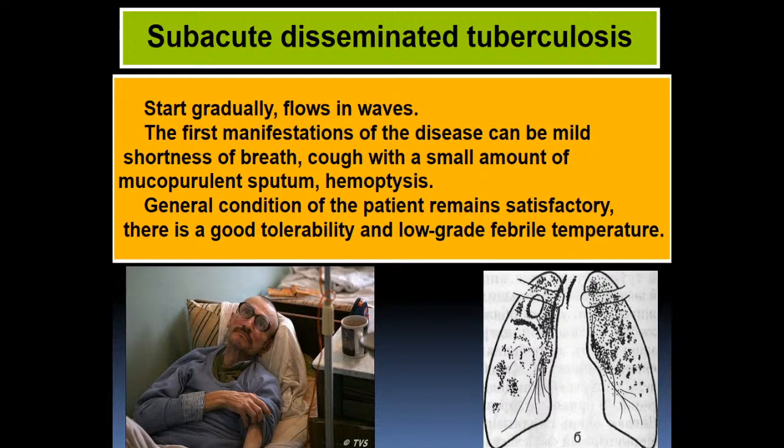The general condition of the patient remains satisfactory, with good tolerability and low-grade febrile temperature. That's why this form of TB can wear the mask of other inflammatory diseases of the lungs, for example bronchitis or not severe pneumonia.